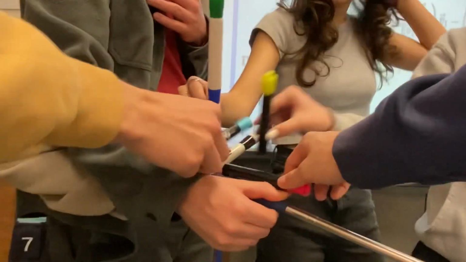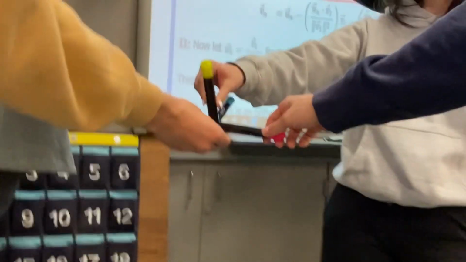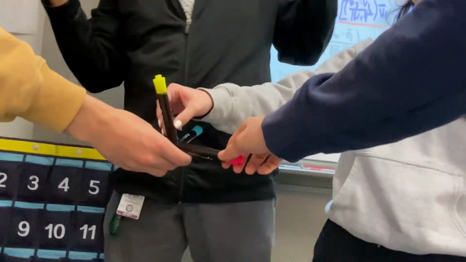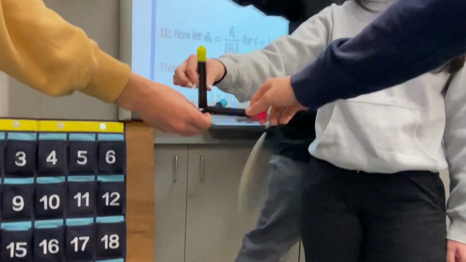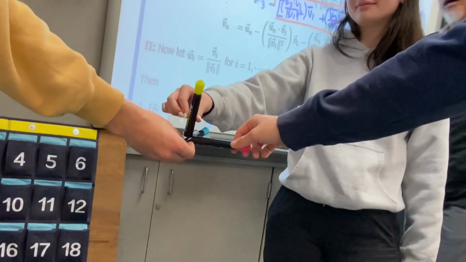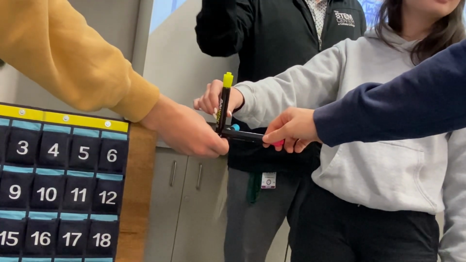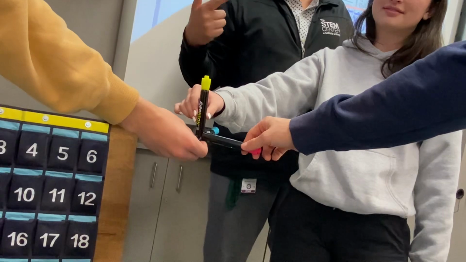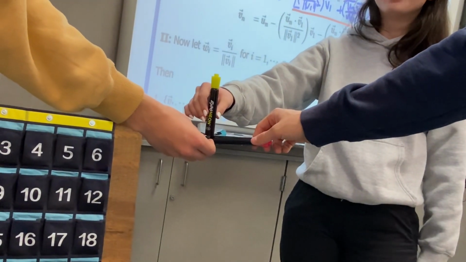All right. So the rest of you go away. Now we have these 3 vectors that are all of unit length. And they're all going in the same directions of those vectors that just left. But those vectors that just left are all perpendicular to each other. Now you have a set of 3 vectors that are perpendicular and of unit length. So now they're called orthonormal vectors. Okay? Does that make sense? All right, good. Thank you.